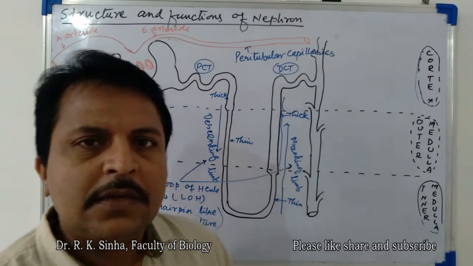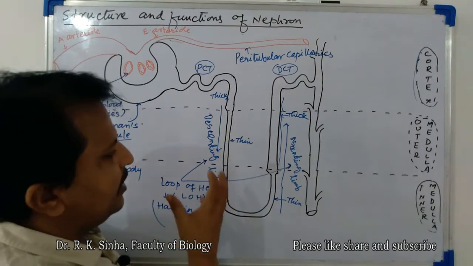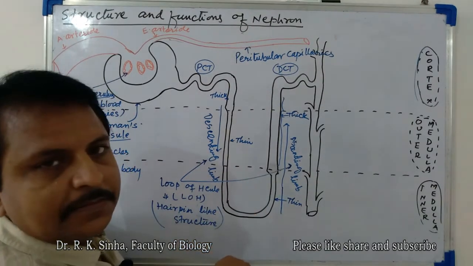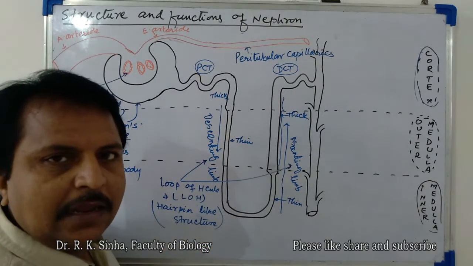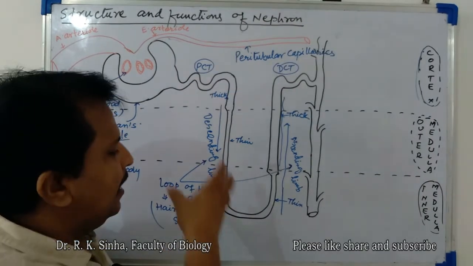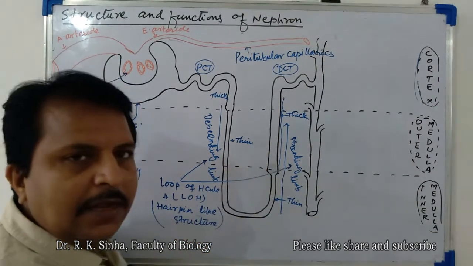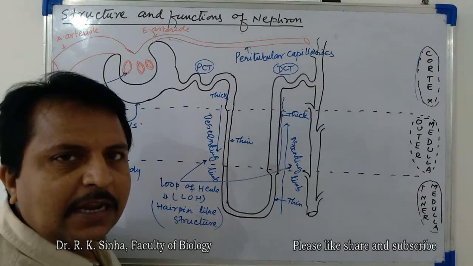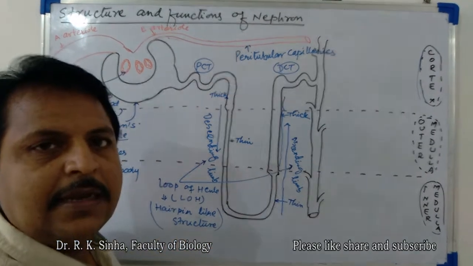In a later section, we will see what kind of hairpin-like structure is found in the kidney, and what the length of the loop of Henle is, and based on this length of the loop of Henle, we can classify nephrons into two types. In a later section we will study this.